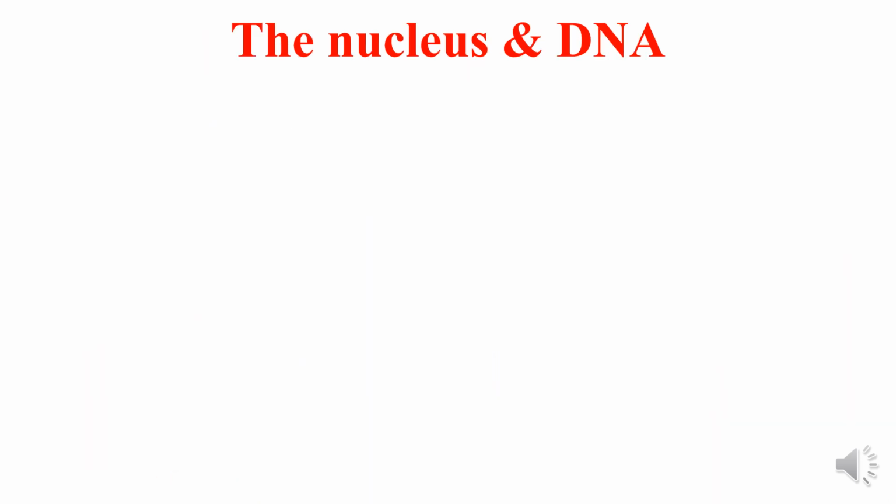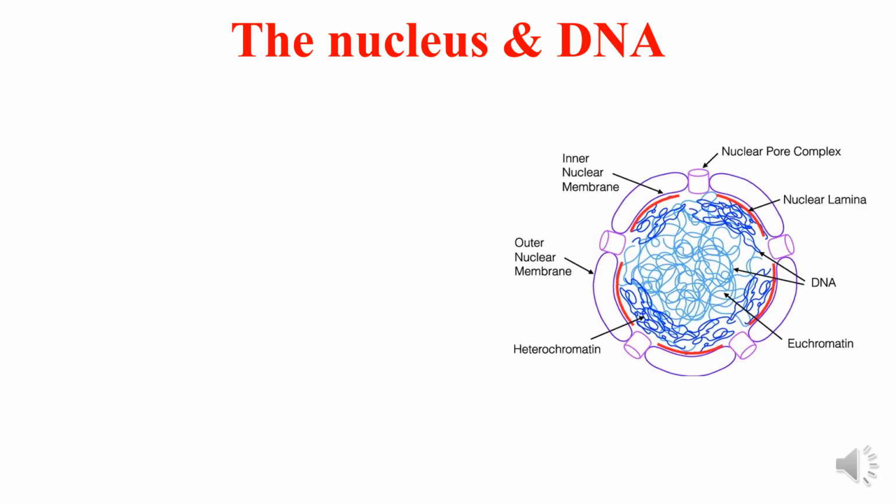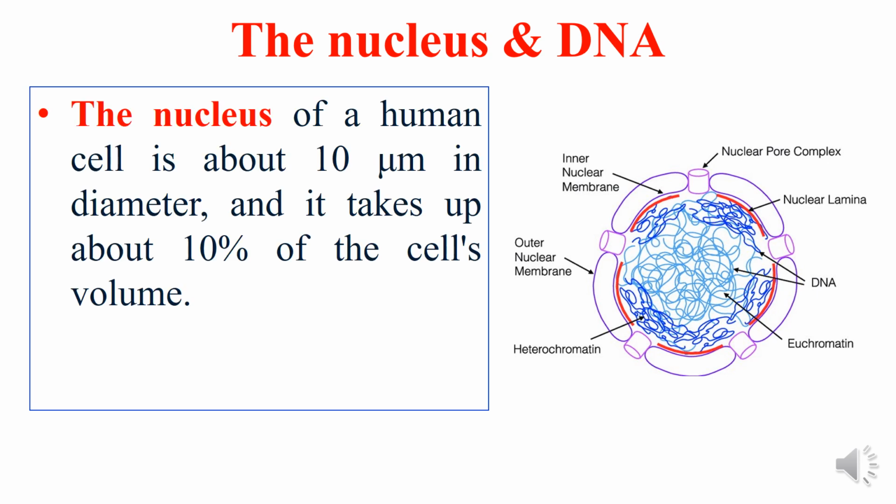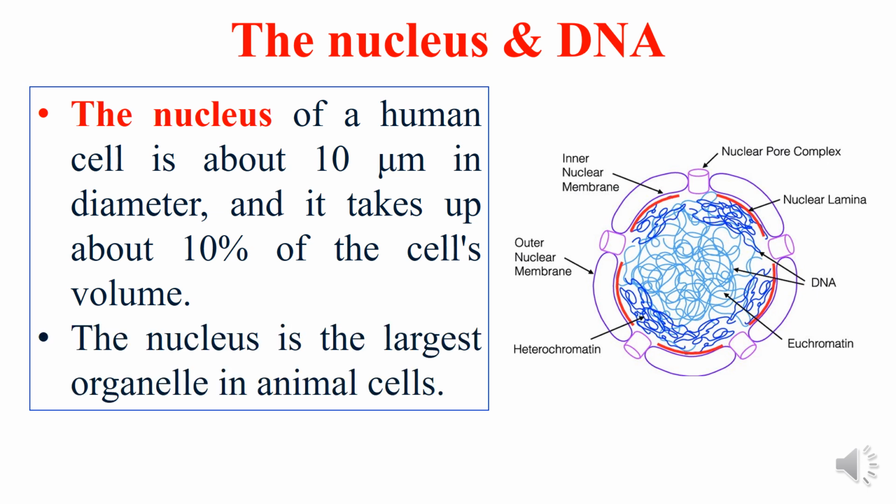So you know that the nucleus of every cell has DNA, and this is the structure of nucleus on your screen. This nucleus of human cell is approximately 10 micrometers in diameter, and it takes up about 10% of the cell's volume. So the nucleus is the largest organelle in animal cells.